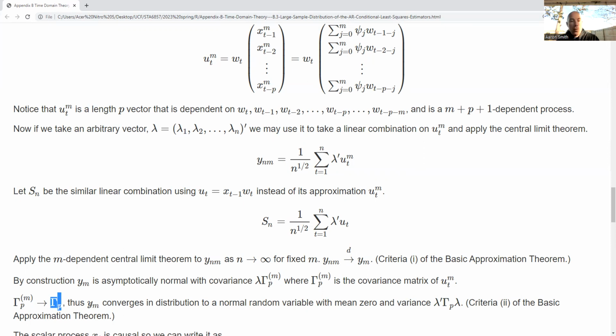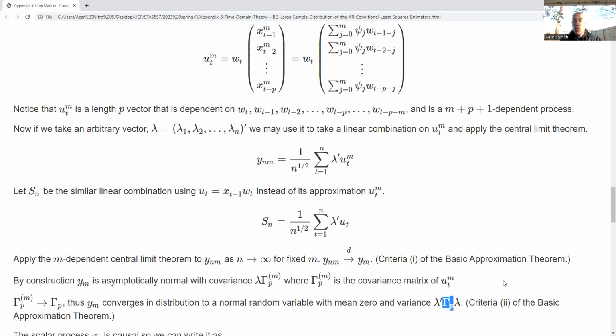All right, so Y sub m converges in distribution to a normal random variable with mean zero and variance of the arbitrary vector that we picked, conjugating the covariance matrix that we actually want to have in there.